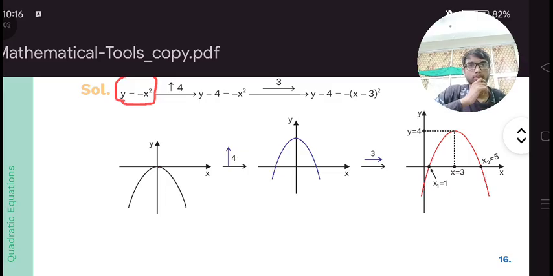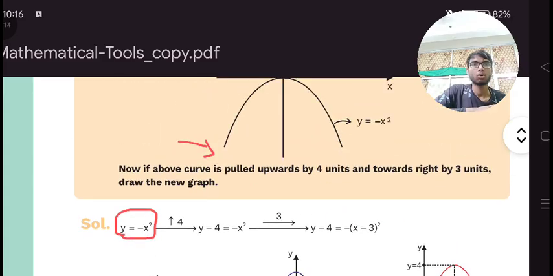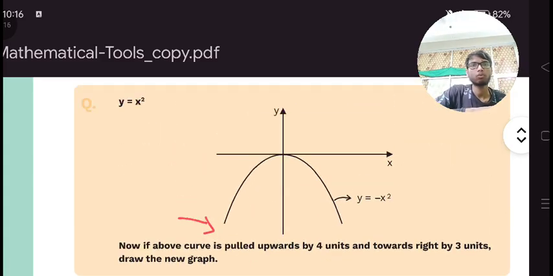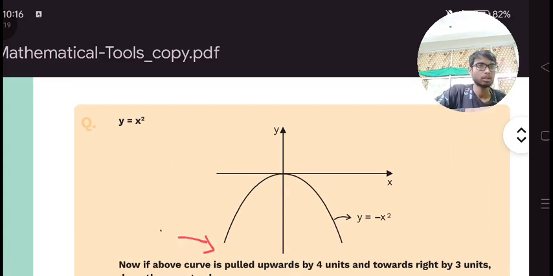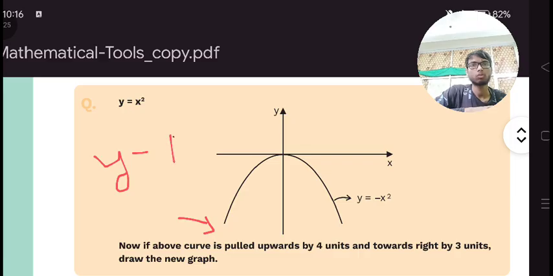If it is shifted by the equation, then this will come over here, of course, where y is equal to 4. Now look at why did we take y minus 4.